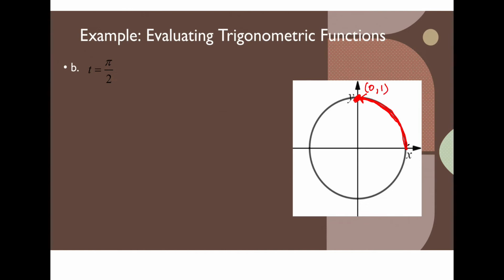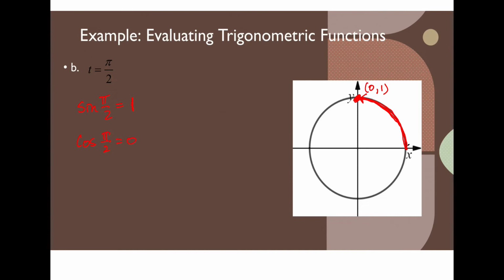So we have a very similar breakdown here when we start looking at the sine. The sine of t, and t in this case is pi over 2, so I'm going to write that in instead of t. Sine of pi over 2, which is the same as 90 degrees, is equal to the y value there, which is 1. The cosine of pi over 2 is the x value that's there, which is 0.